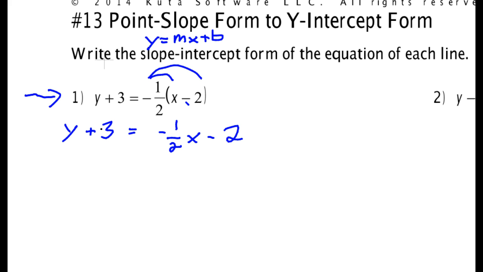is that correct so far? Check my work. Yes. Yep. Is that correct so far? Yeah, what's wrong with this? Yeah, negative 1/2 times negative 2 is positive.